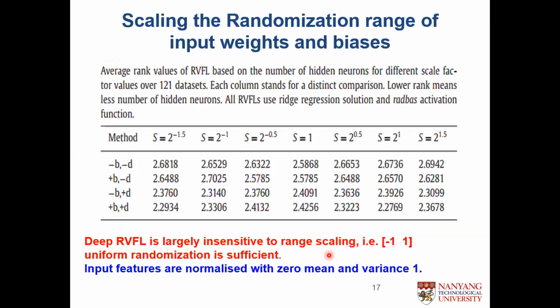Thank you very much. Yeah, I think you may be correct. For the single hidden layer version, you may have a problem. But when you go to deeper structures, they become even more insensitive to these ranges. Okay, thank you.